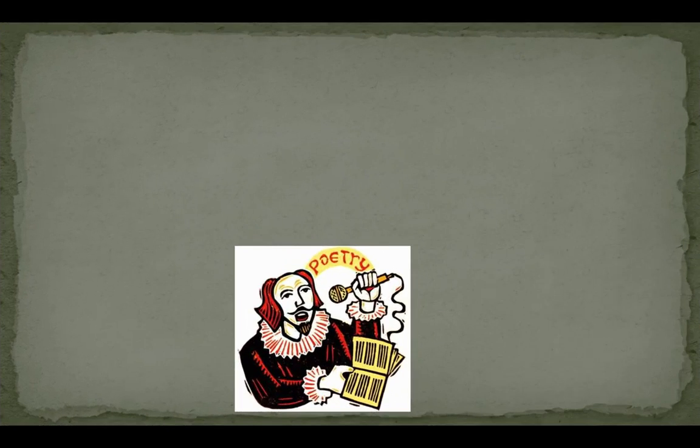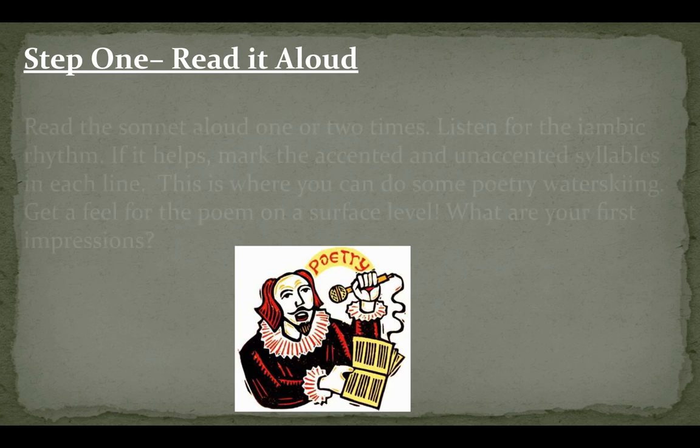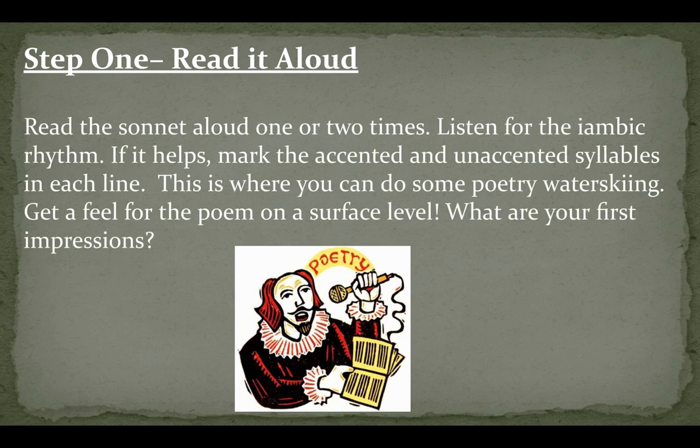All right. So first step is to read it aloud. This goes for any type of poetry, you guys. You want to read it aloud once, twice, or more. The more you read it aloud, the more you get a feel for it, the more you'll get a sense for the iambic rhythm. It also can be helpful to mark the accented and unaccented syllables in each line using those really fun diacritical marks.